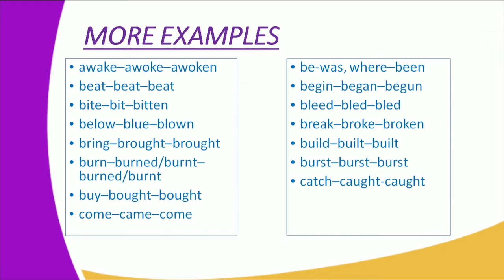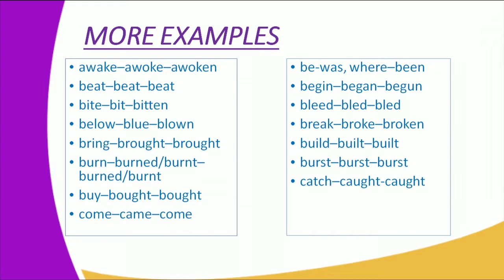Beat does not change. Bite then becomes bit and bitten. We have blow, blew, then blown. Bring, brought, and brought. Burn: in this case, we can have burned or burnt.